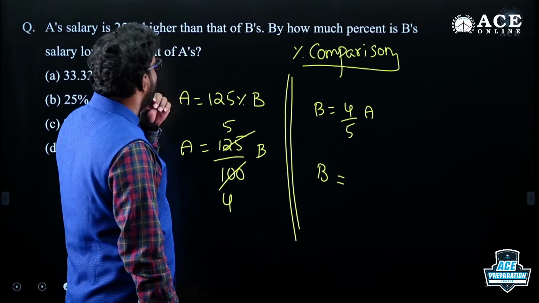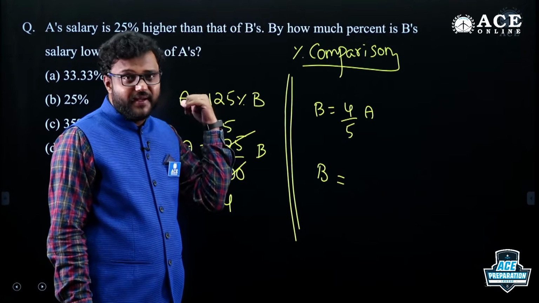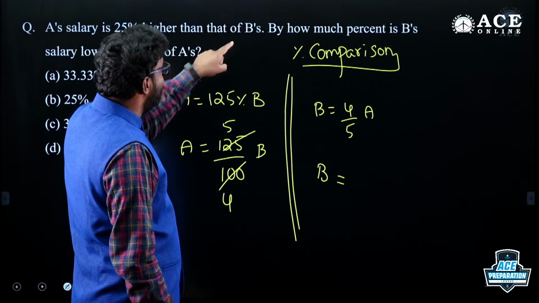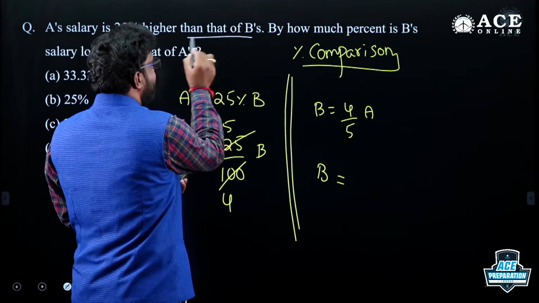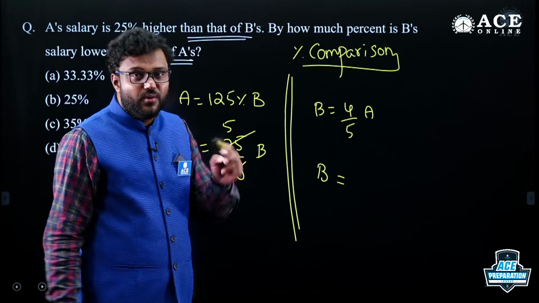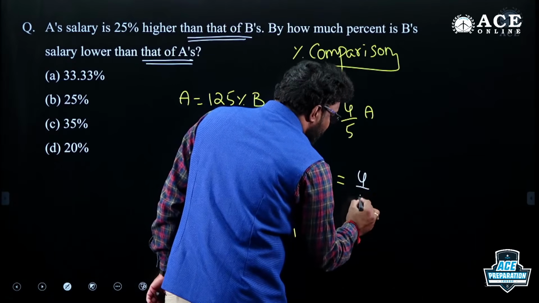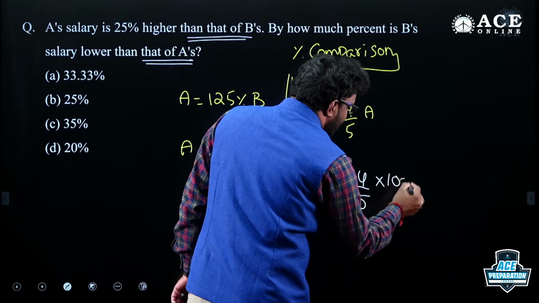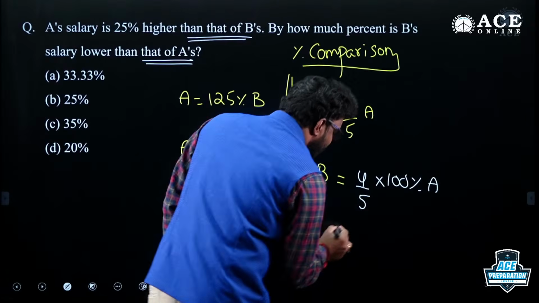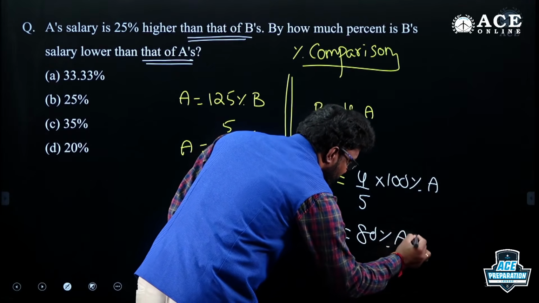A lot of people are going with 25 only. I mentioned in the introduction also, it's not 25 again. The denominator is changing. Earlier you were comparing with respect to B, now you are comparing with respect to A. Denominator is changing, so we don't get 25 again. Now here 4 by 5, if you convert into percentage, you get 80%. B is 80% of A, which means it is 20% lower.